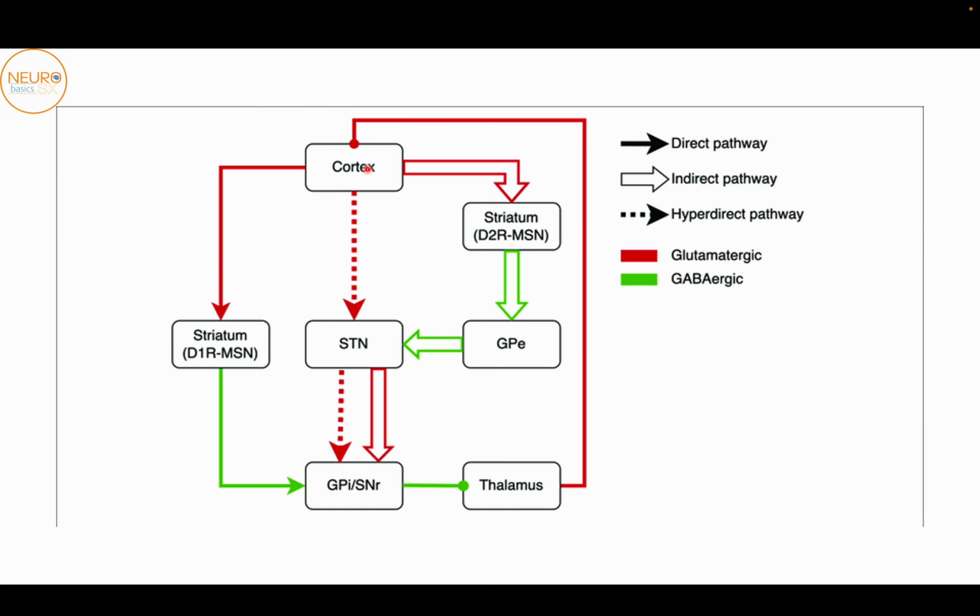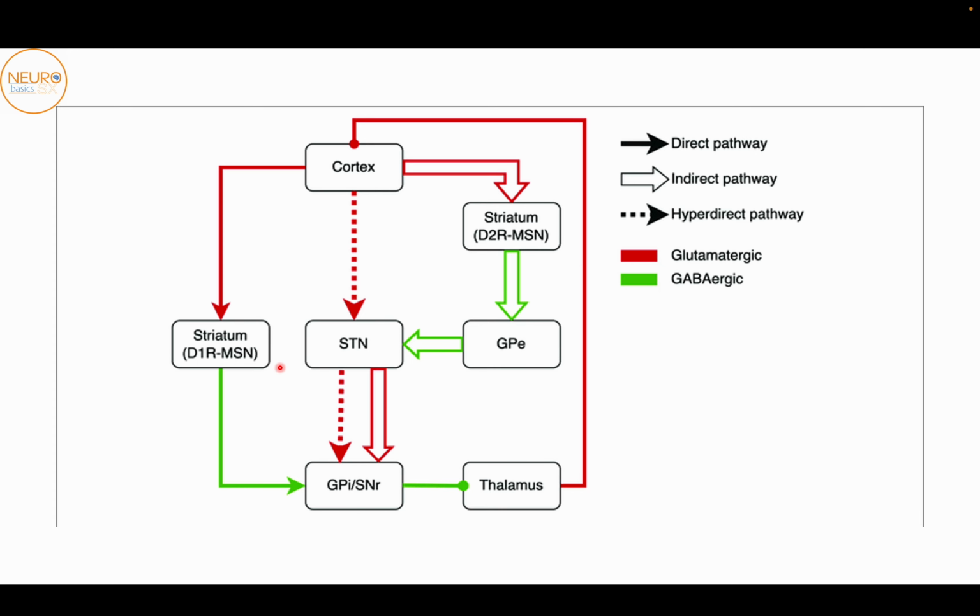Next, the indirect pathway will go from the cortex again to the striatum, but after the striatum, it will not directly go to the GPI SNR. It will go through the GPE, through the STN, and then finally to the GPI SNR. So as you can see, from the striatum to the GPE, it's a GABAergic pathway. From the GPE to the STN, it is again a GABAergic pathway. But from the STN to the GPI SNR, it's a glutamatergic pathway.